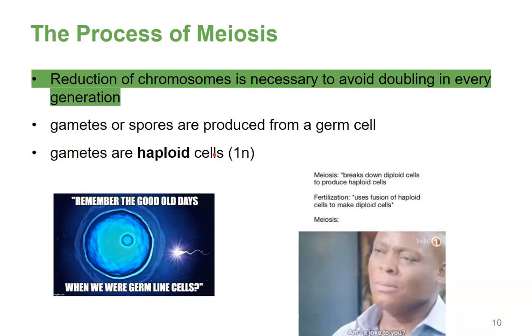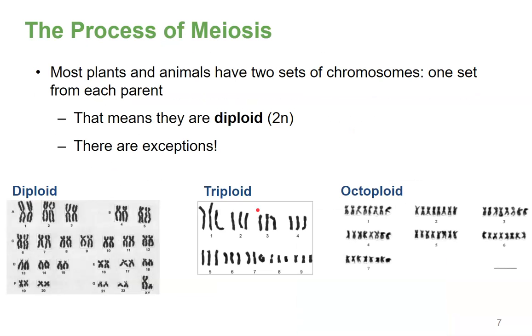All right, so the process of meiosis, reduction of chromosomes is necessary to avoid doubling in every generation. Okay, so I'm going to go back to our picture here of the chromosomes. So you get half of these from mom, half of these from dad, right? So your gamete is going to have 1 copy of each thing. So 1 plus 1 equals 2. Okay, so that's normal.